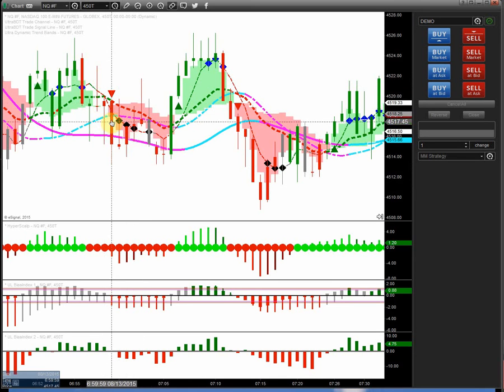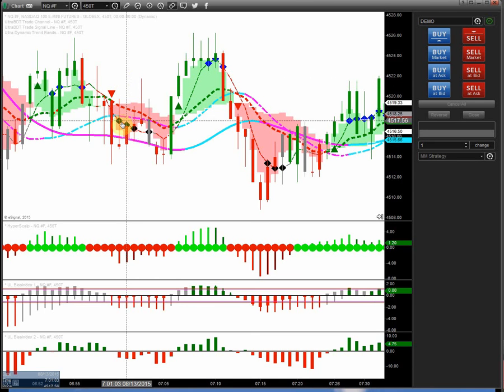Now one could argue here too, oh, but there's a pullback sig line and all the trend bands are matching. And it went down from 45.17 and a half all the way down to 45.13. I know. And it also went from 17 and whipsawed all the way up to 21.